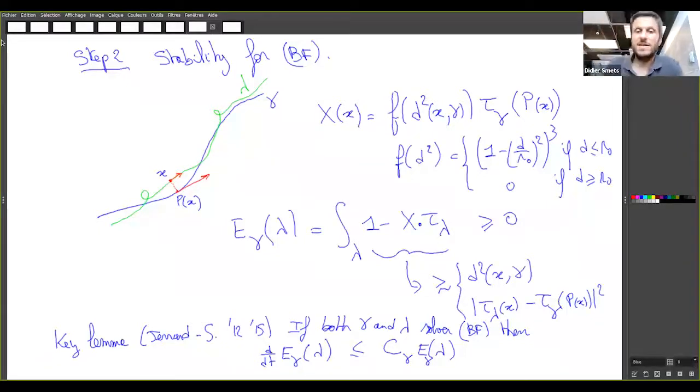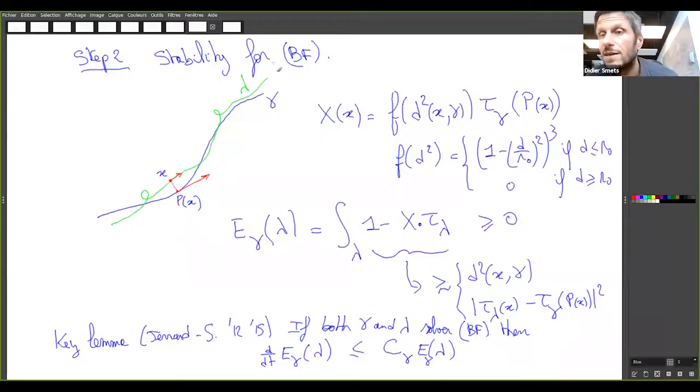The constant here depends on high norms on gamma, but it does not depend at all on lambda. So these estimates will give, in particular, weak-strong uniqueness.